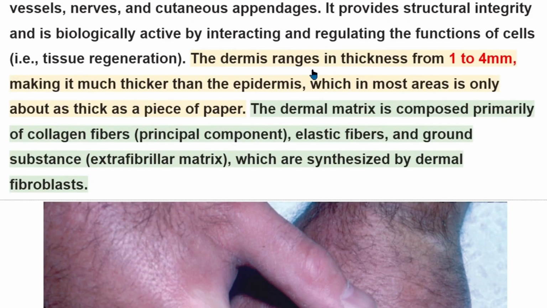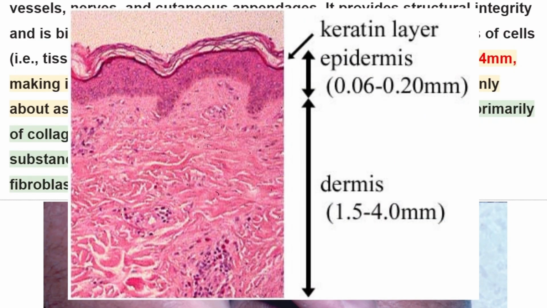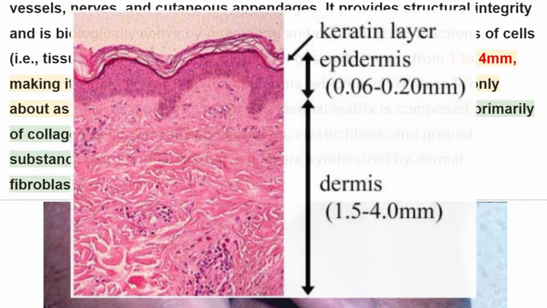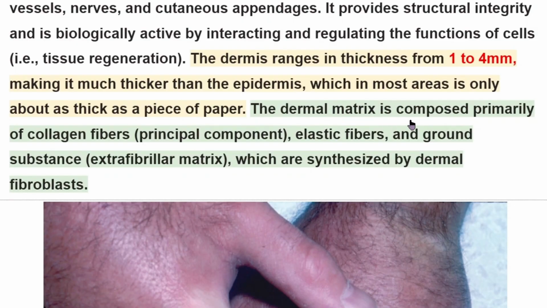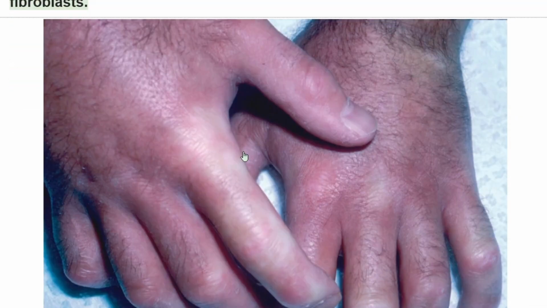The dermis ranges in thickness from 1 to 4 mm, making it much thicker than the epidermis, which in most areas is only about as thick as a piece of paper. The dermal matrix is composed primarily of collagen fibers, the principal component, elastic fibers, and ground substance or extrafibrillar matrix, which are synthesized by dermal fibroblasts.